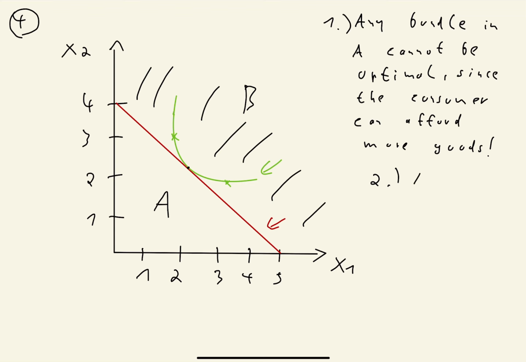Any bundle in B cannot be optimal since the consumer cannot afford them.